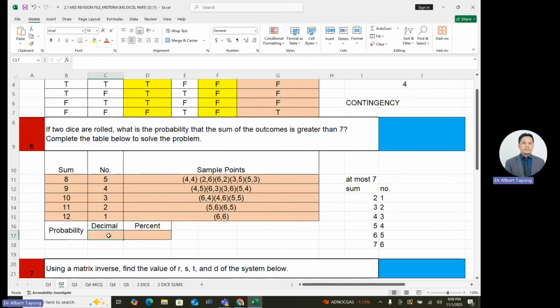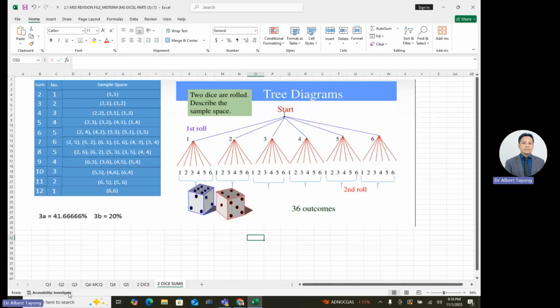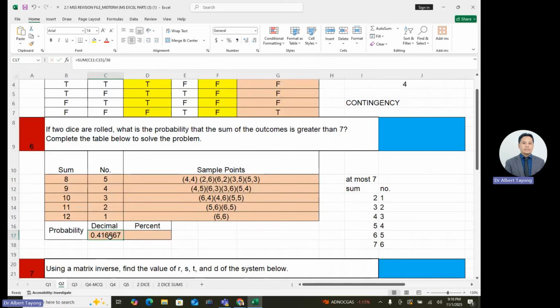Now to get the probability, it equals the sum of the numbers over 36, because we have 36 possible outcomes here, because we talk about 2 dice. So it equals the sum of the numbers. That means the total count of all these pairs here. If we count all of these from 4, 4 to 6, 6, there are 15 all in all. Okay.